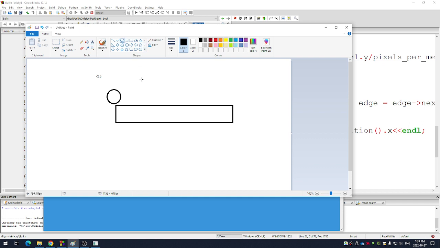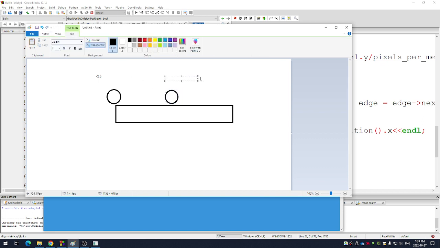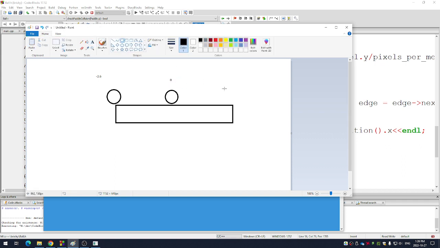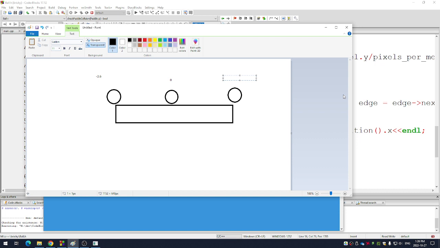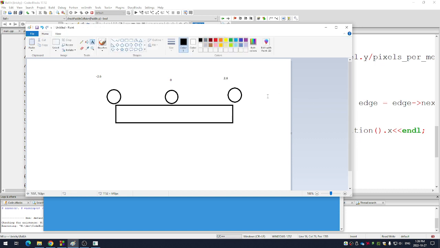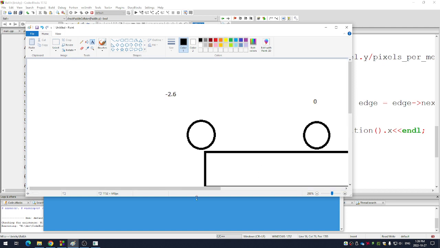If my ball's right in the center of the paddle, not the best location for the center, then my ball's got an X position of 0 meters. And so that's good. Write that down, please. Great. And if my ball is right on the right edge of my paddle, it's got a position of about 2.6. Great. Okay. I don't know if you can see that well. Zoom in a little bit for you here.